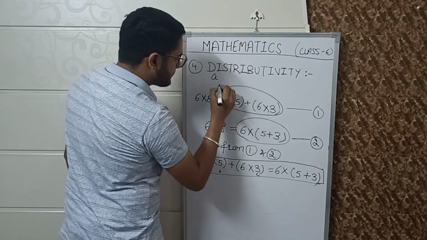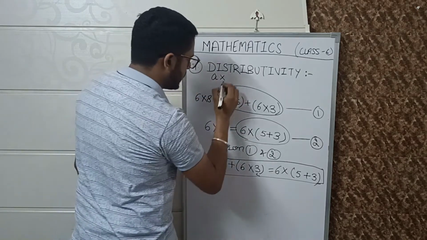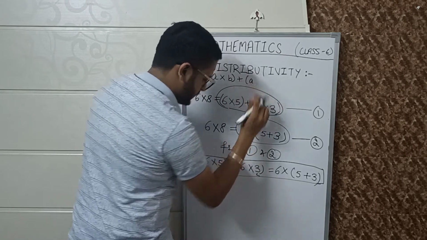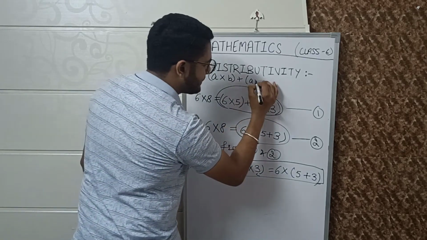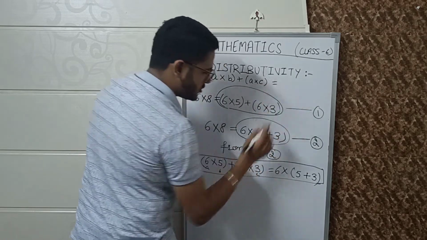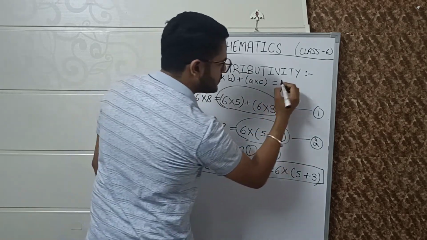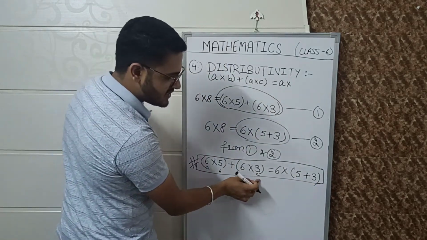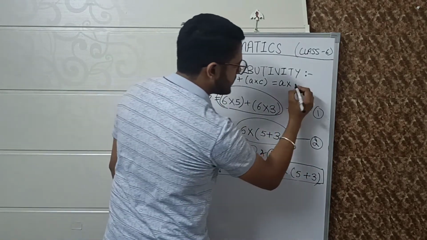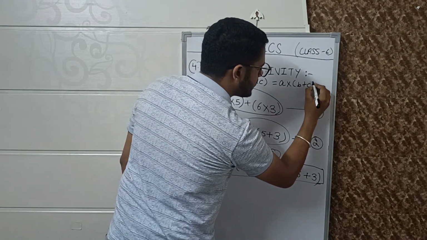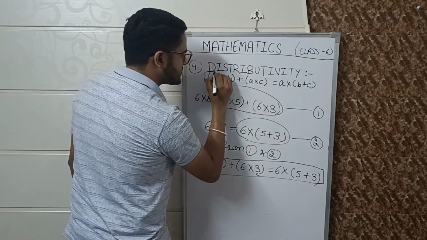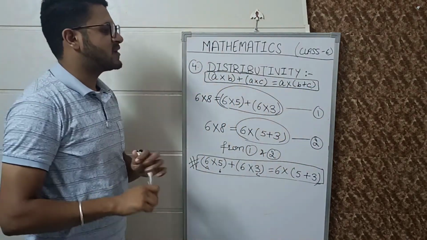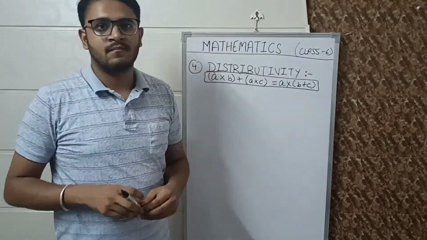So it will be A into B plus A into C is equal to A into B plus C. B is 5 and C is 3. This is the distributive property of whole numbers.